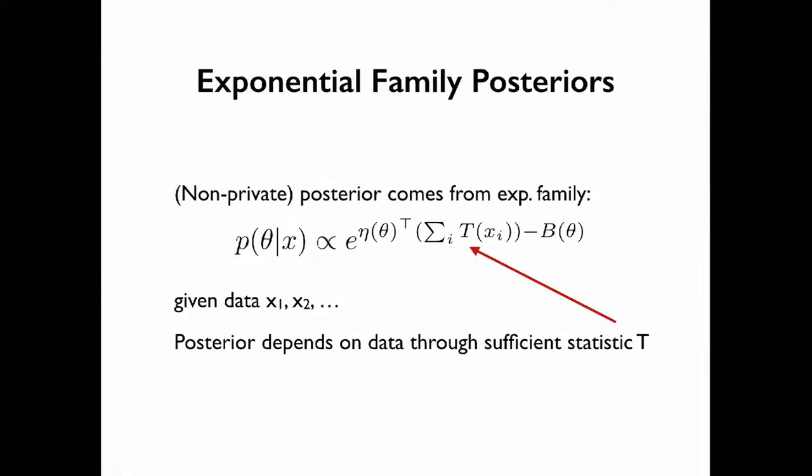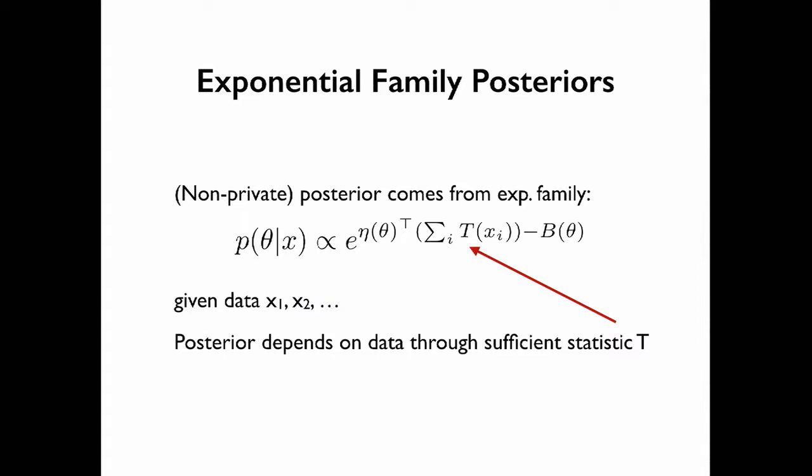Just a quick reminder of what exponential families are. If you have an exponential family posterior, this is what it's going to look like: P of theta given x is proportional to e to the eta of theta times the sum over i of t of x_i, minus some things.